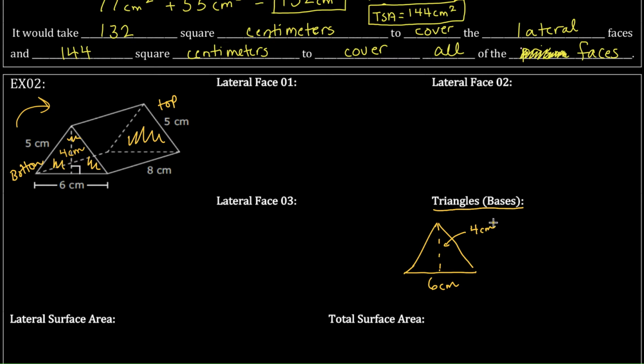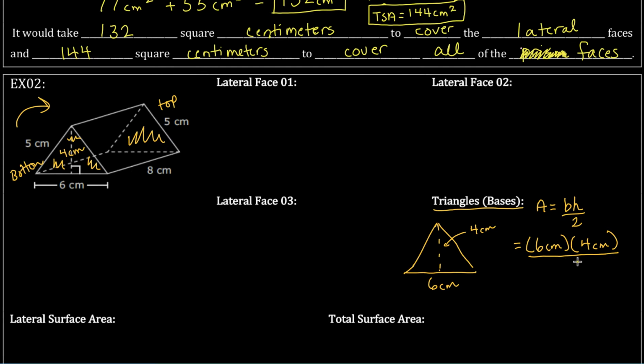All right, and let's use our formula. Area of a triangle is base times height divided by 2. So our base is 6 centimeters, and our height is 4 centimeters. And then we will divide by 2.